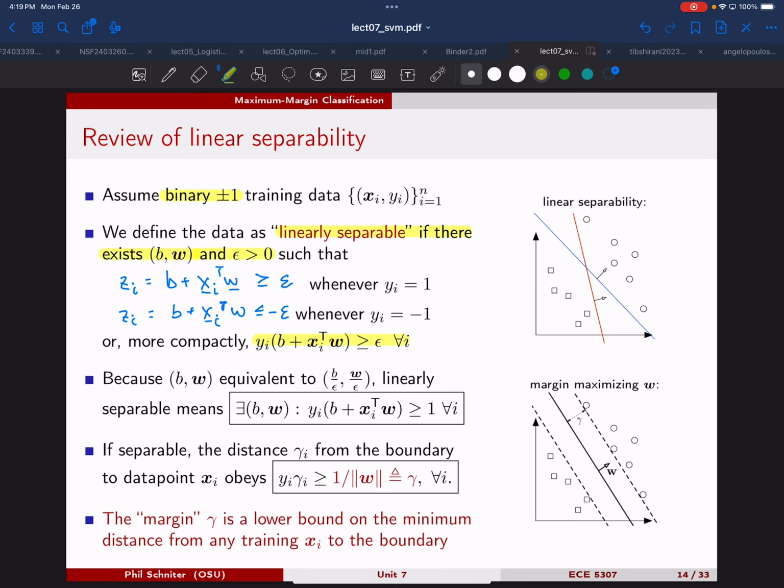Okay. Now, we want to make this even simpler because right now what's inconvenient is that we have this parameter epsilon. We don't really want to have to decide on a particular parameter epsilon. There's nothing really special about that epsilon. It's just that there exists, we're looking for some epsilon. But what if I divide both sides of this inequality by epsilon? So we know it's positive, so it doesn't change the sign, in which case I'll get beta over epsilon, w over epsilon, and a 1.